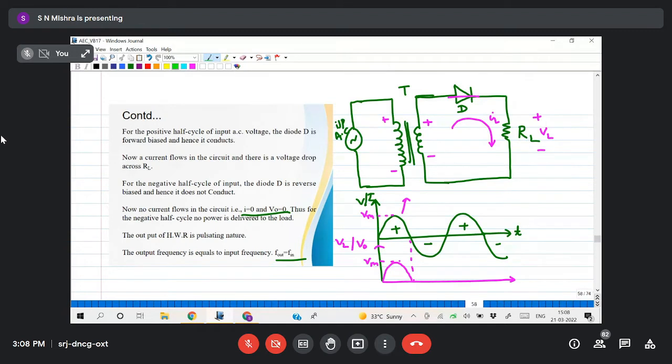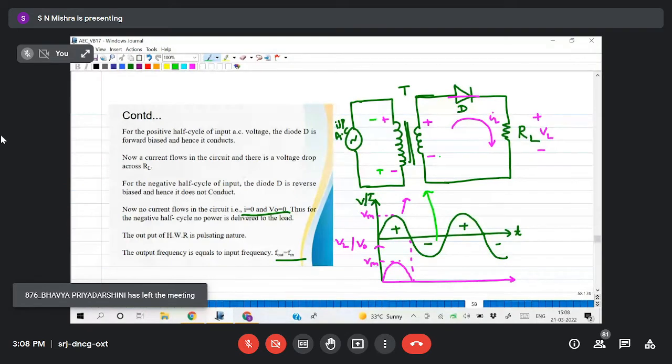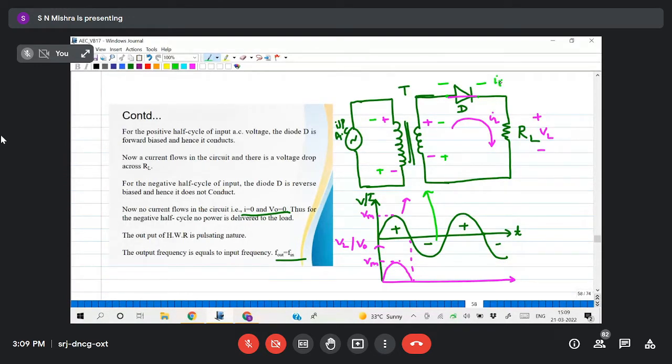Yes, sir. Now if you give negative half cycle, then it will be reverse. This is plus, this is minus, this is plus, this is minus. So minus terminal is connected to positive P side and plus terminal is connected to N side, so it will be open circuit. Open circuit means current is 0, no current will flow.